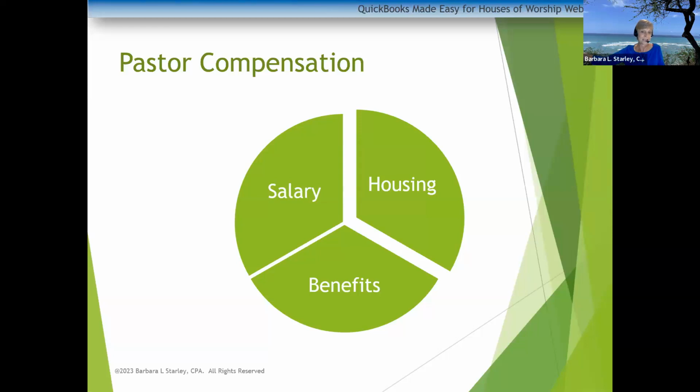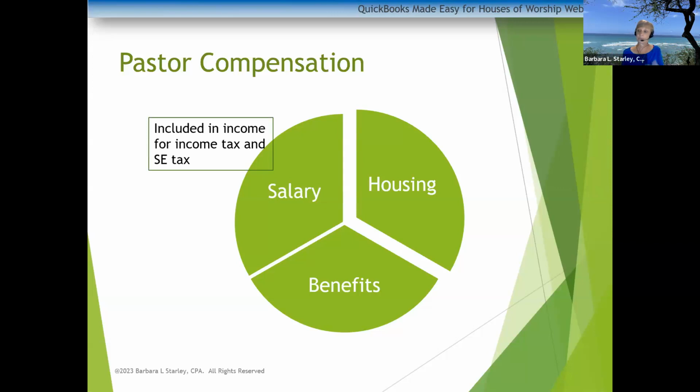Effectively, that pastor was given a raise year over year every time he raised his housing allowance, because they never decreased the salary portion. Consequently, after a few years, this person was making about $12,000 more than the board thought they were making. So it's really important that we think about compensation as a pie, and that housing is just a piece of that pie.